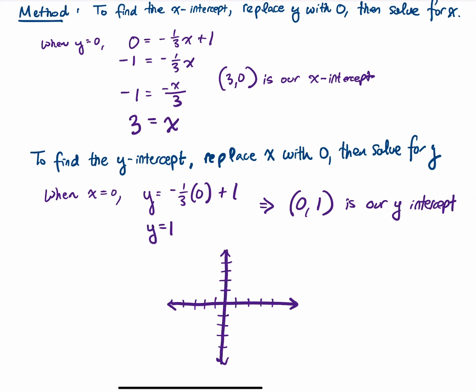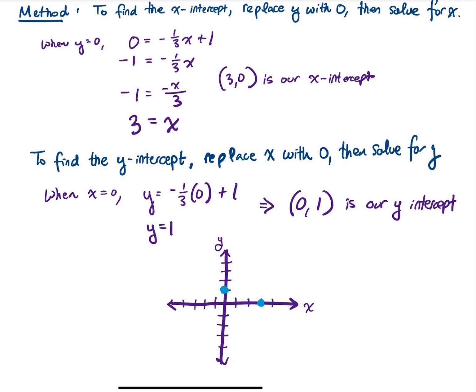And again, this is our x-axis. Vertical is our y. So at positive 3, 0, we should have a point here. And then our y-intercept was 0, 1. So at positive 1 on the y-axis. So let's just connect it with a line, and we'll have our graph.